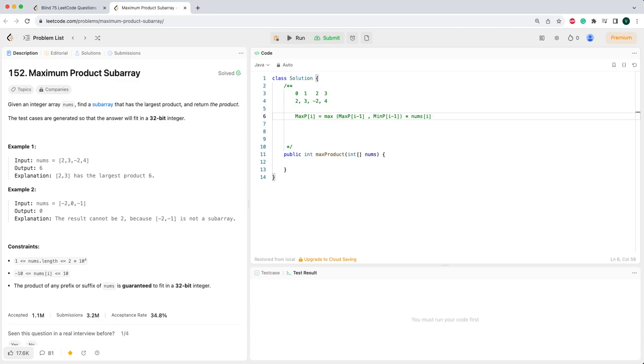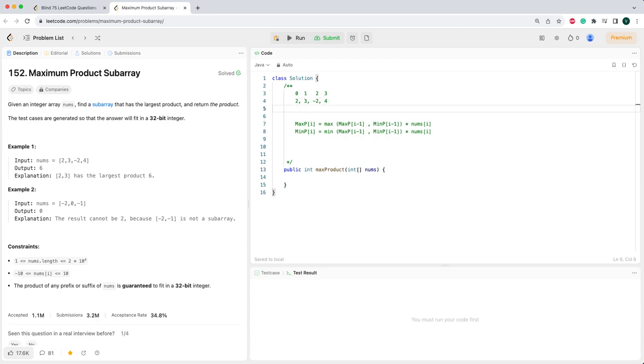And we need to find the minimum as well, because that will be required for the next step. So this would be the minimum of these two, multiplied by this, correct? So if we try this approach, let's say this is the max, this is the min. What we'll do for the first index, both will remain the same.